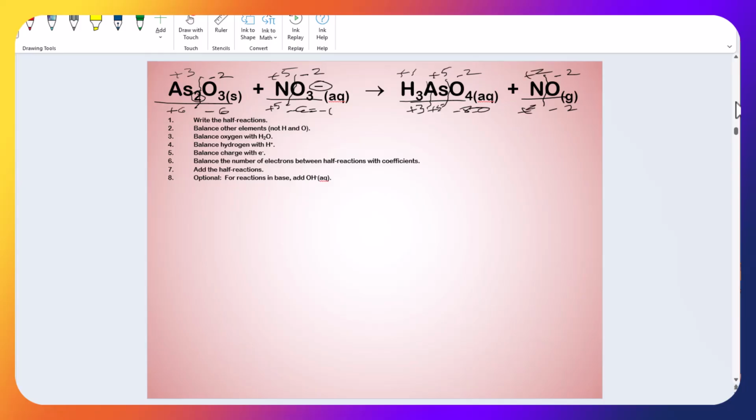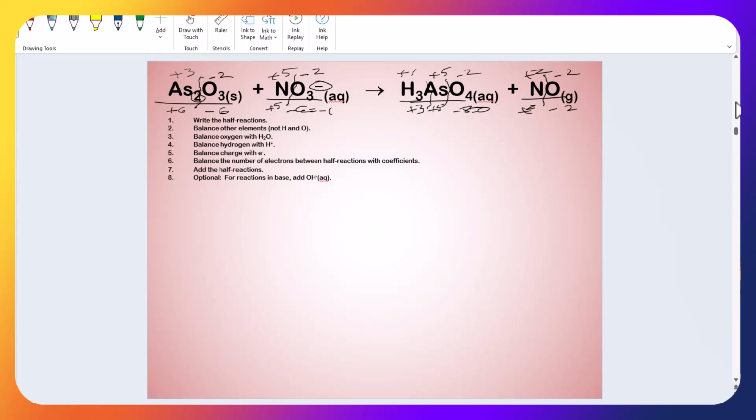Now let's see what got oxidized and what got reduced. The way you figure this out, and remember that anything that gets oxidized or reduced is happening on the reactant side. What we're going to do is we're going to use the product side to see what got oxidized and what got reduced on the reactant side.